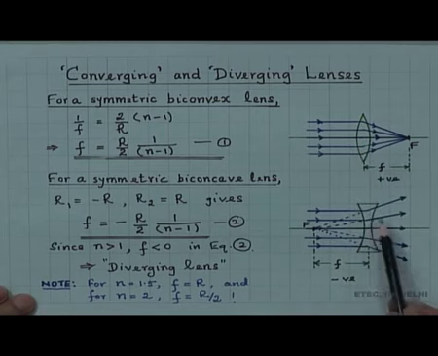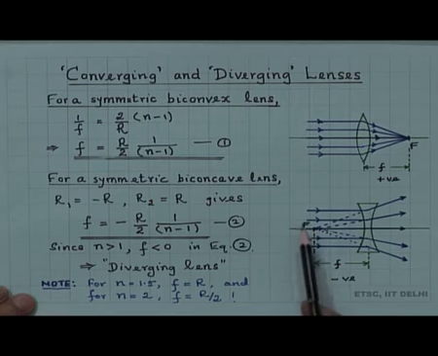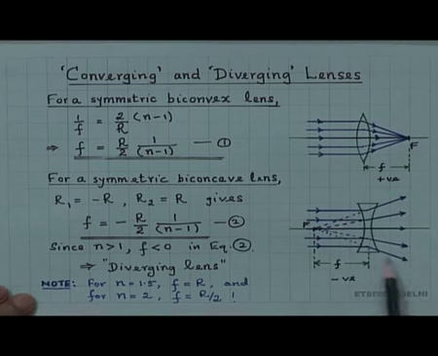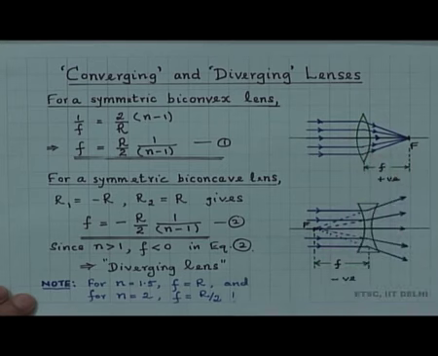The rays diverge as if they are coming from a point at f. The principal focus is on this side, and therefore this is a diverging lens, whereas a biconvex lens is a converging lens.